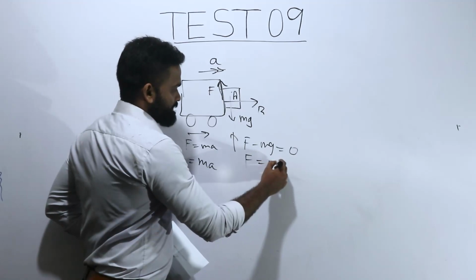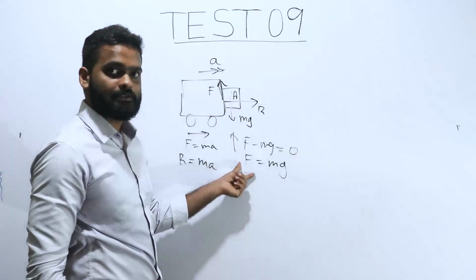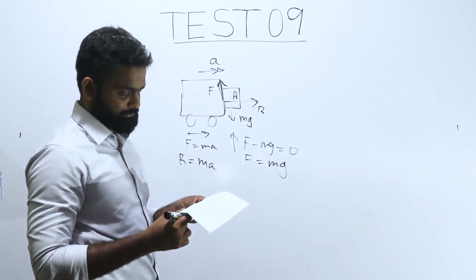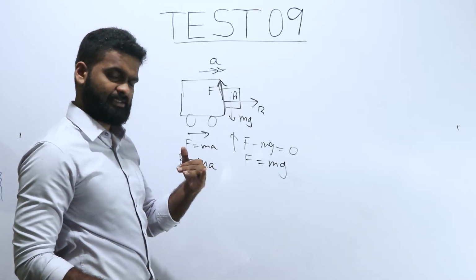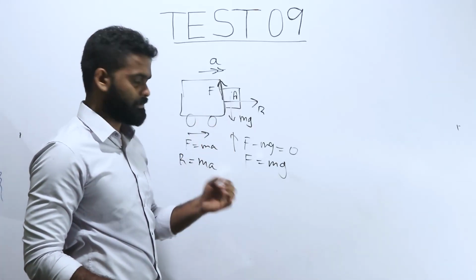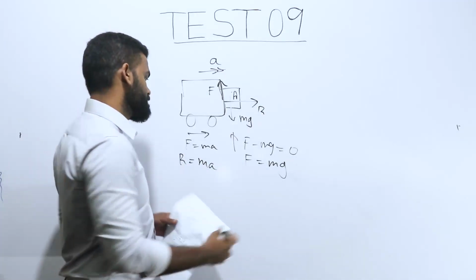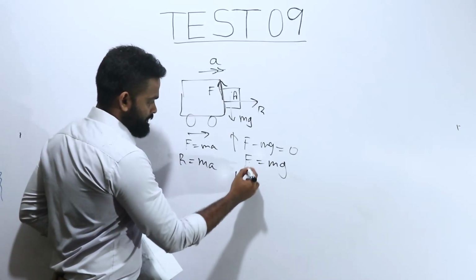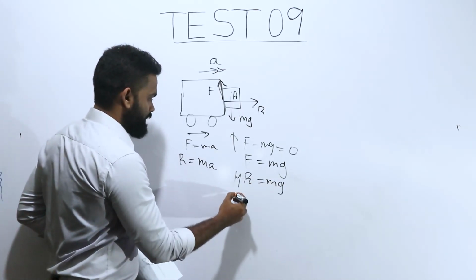Then F equals mg. We know this F is mu R, right? It's also a limiting case. They are asking for the minimum acceleration. Whenever they say minimum or maximum, it is always a limiting case. So instead of F, I apply mu R. Mu R is equal to mg.